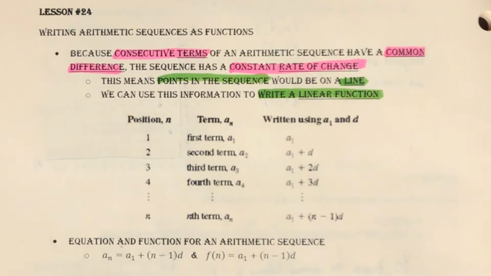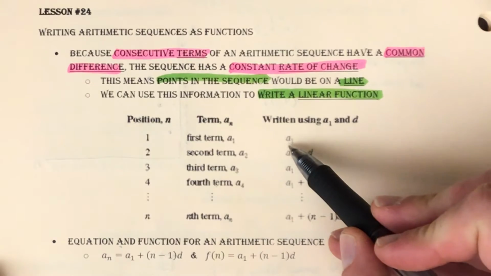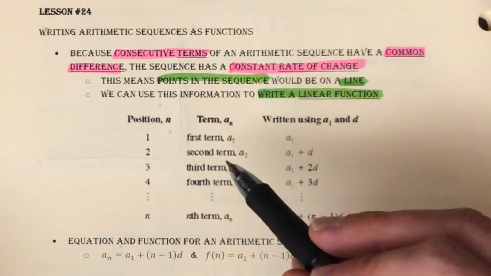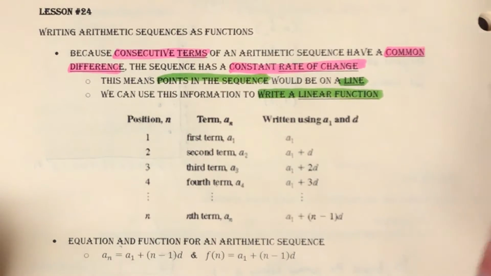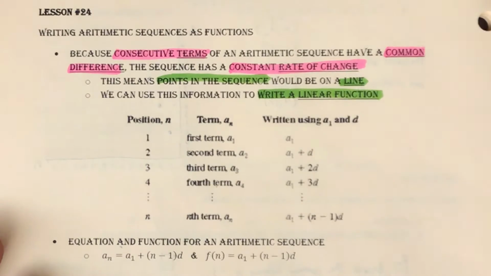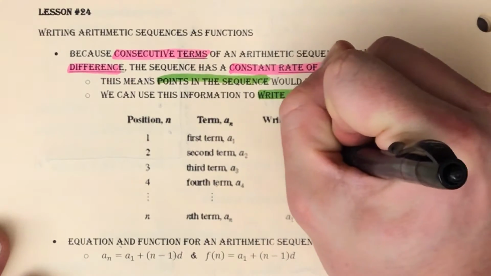Because we are given this information, we can figure something out. The first term, its position is a of 1, and we know what that number is. Then we can figure out the second term as long as we know the common difference, and that's what this d stands for.